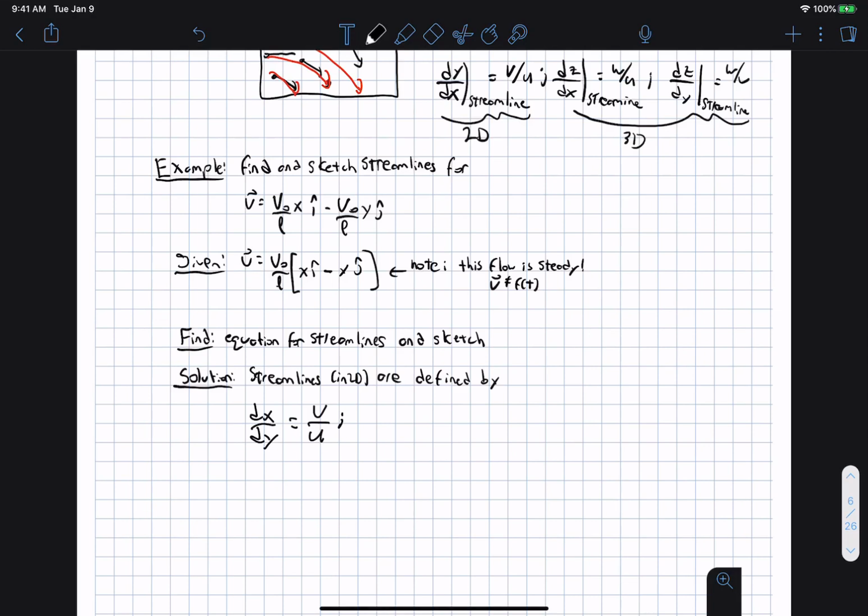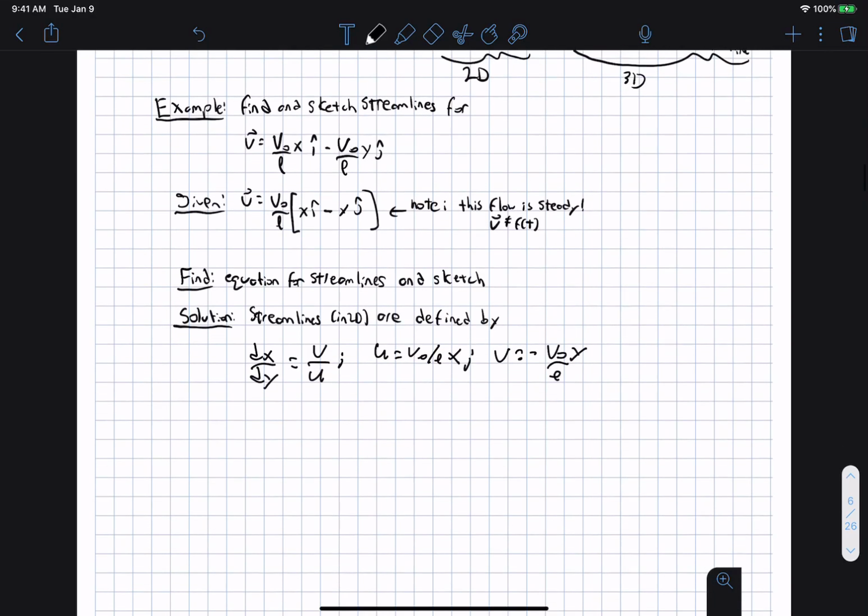But now we're explicitly given u, which is v naught over L times x, so u equals v naught over L times x. And v, the y component of the velocity field, equals minus v naught over L times y.